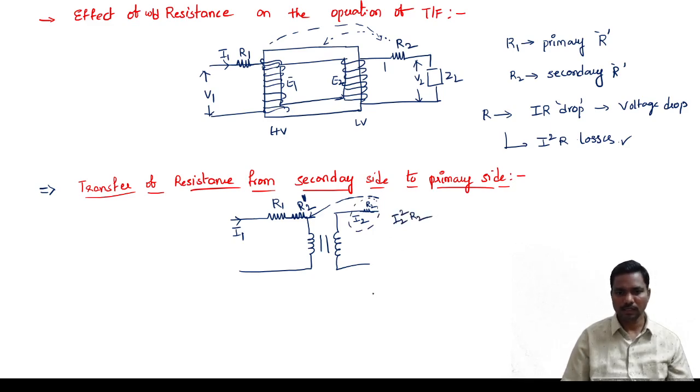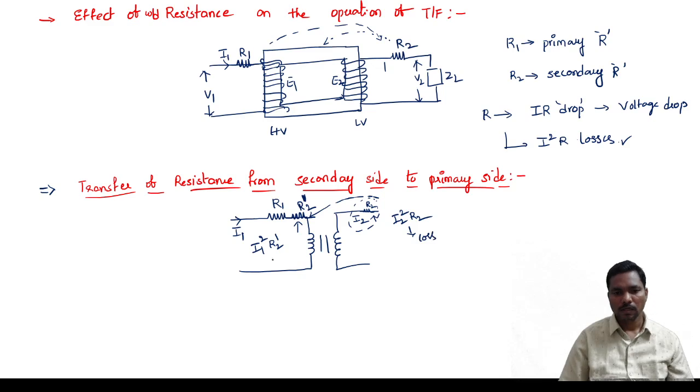If you connect it in the primary, you get I1 square R2 dash.